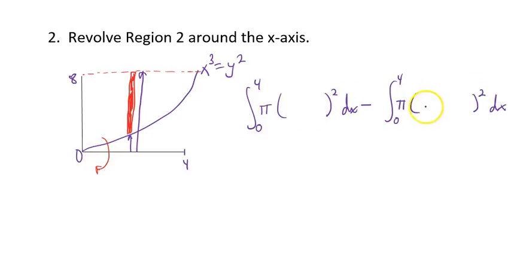The r's are the arrows. It's always going to be that long one minus the short one. So the long one goes to 8. And it doesn't matter where I draw that rectangle, it's always going to touch 8. So the first one is 8. The second one touches the function. Now the function changes, and that's where the variable comes in.